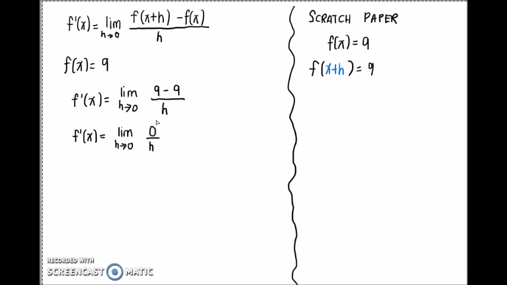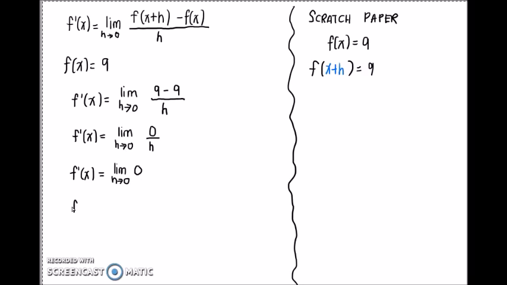Again, we can still simplify 0 over h. So, the derivative of f of x is equal to the limit of, when we say 0 divided by h, that's basically 0, as h approaches 0. So, let's recall from our previous discussions, the limit of a constant is always the constant itself.